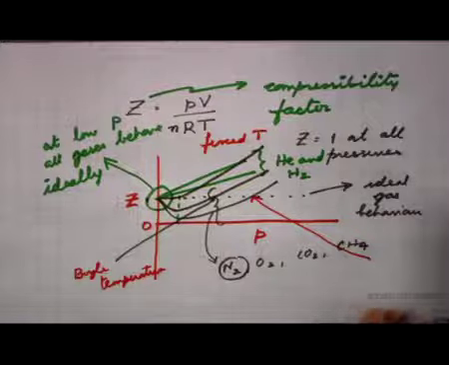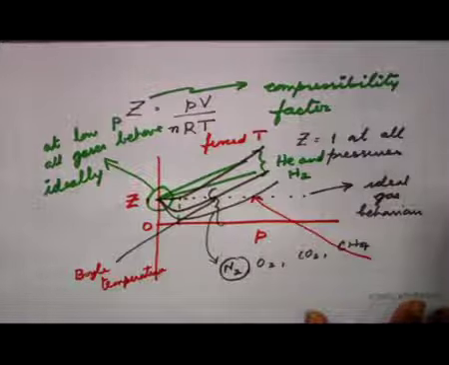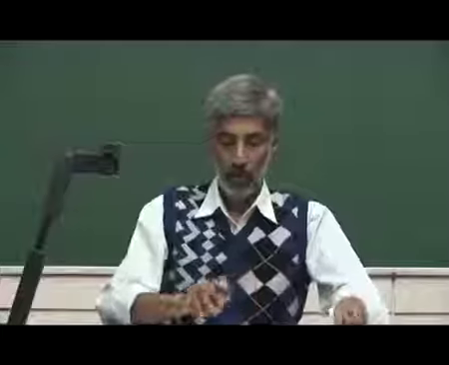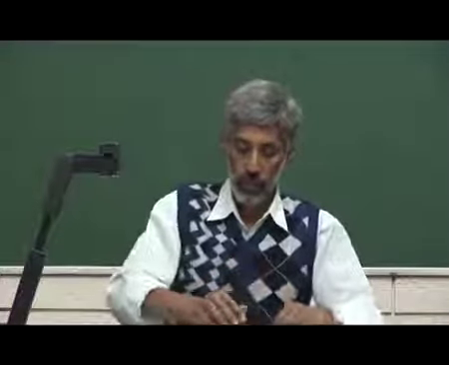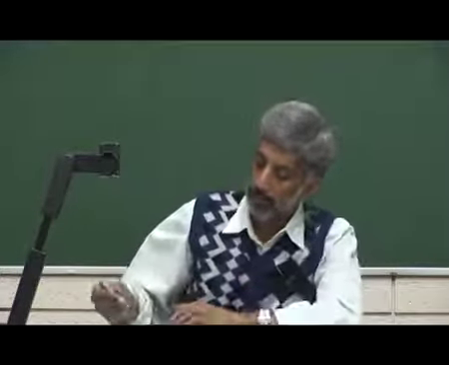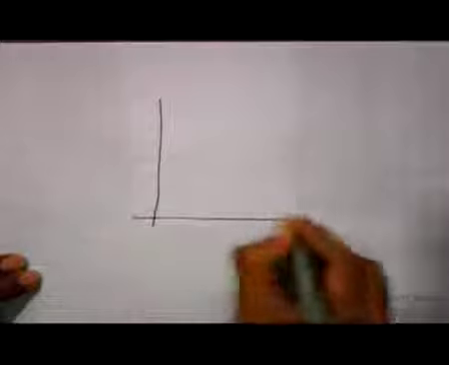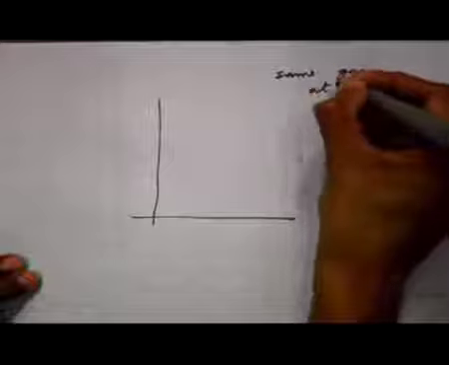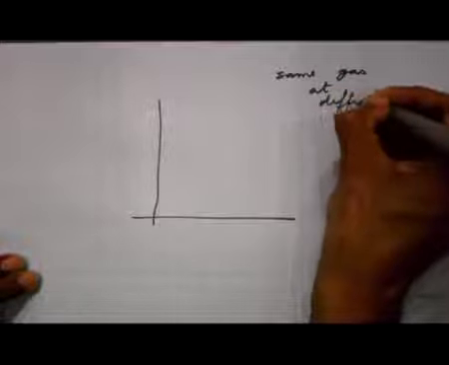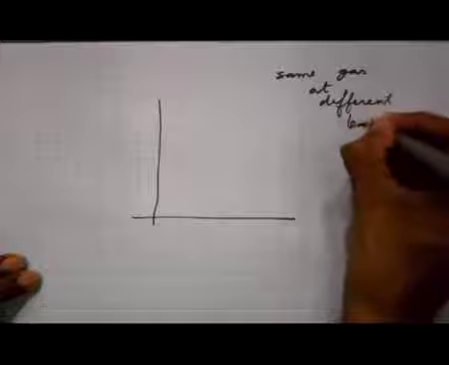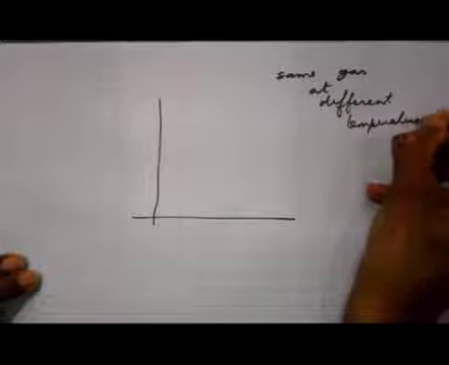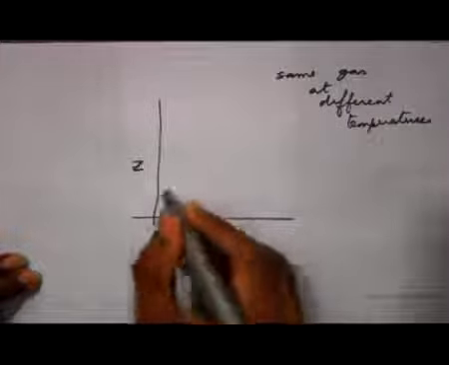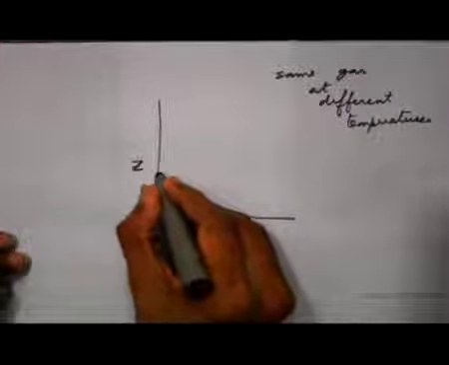So, different gases have different Boyle temperatures, and you can take the same gas. So, this was for different gases. Now, if I take the same gas at different temperatures, and I plot Z versus P, what we are saying, this is Z equals 1.